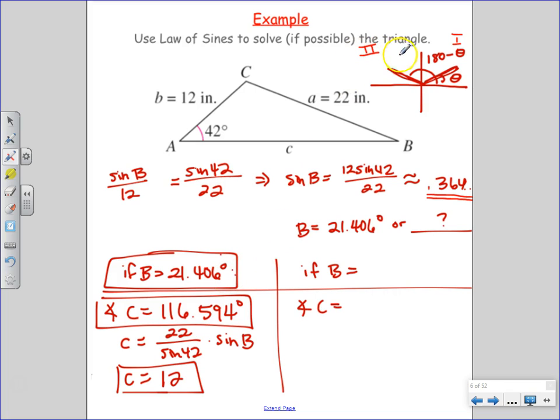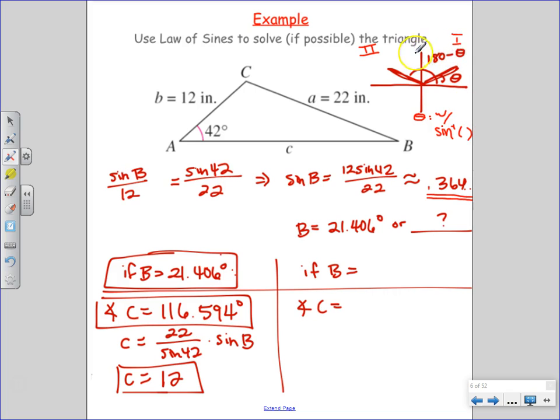But we have to also check 180 minus theta. Theta you get by using sine inverse, because whenever you have side-side-angle, you have to use sine inverse. Sine inverse gets you one option, but remember the ambiguous case might have more than one. So use sine inverse like I did here. Sine inverse of 0.364 gets you 21.406 degrees.